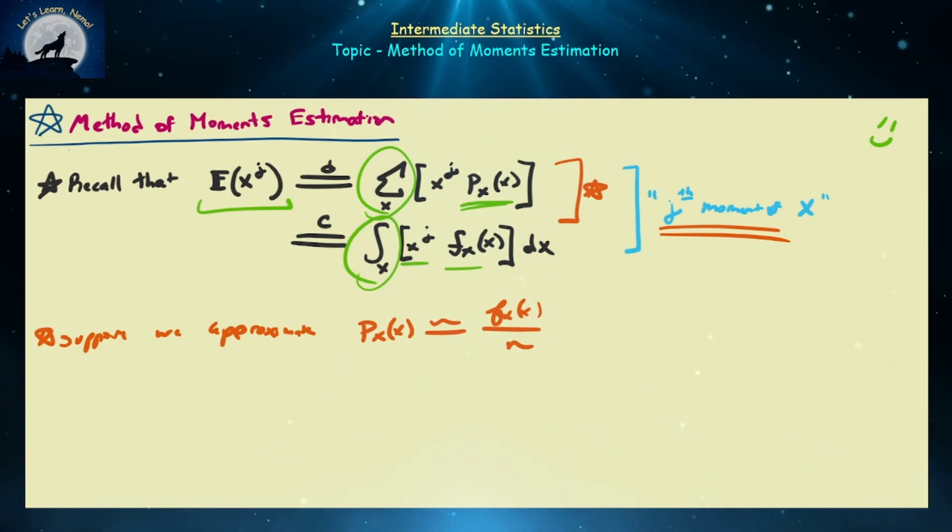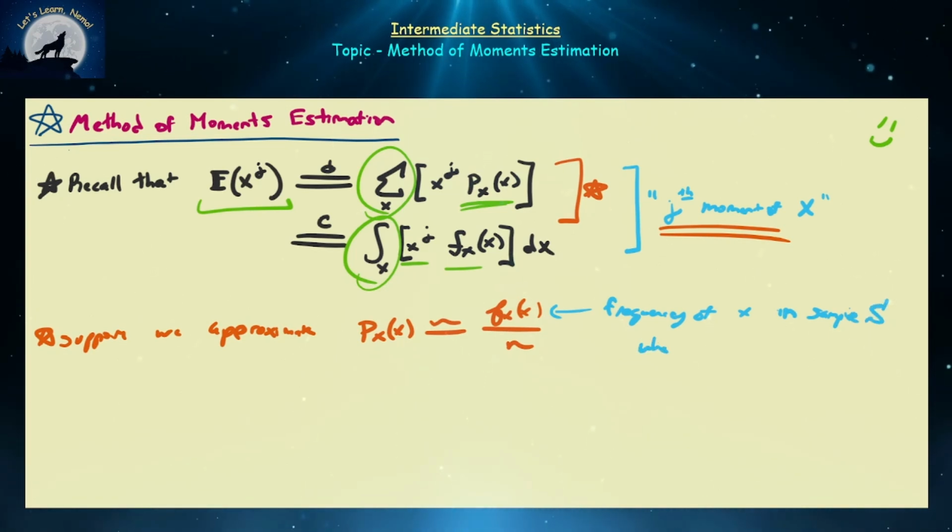In case you don't remember this notation, this is the frequency of element x in our sample of size m. So technically speaking, we can say sample s of size m, where the cardinality of s is equal to n, finite. That's that little n on the bottom.